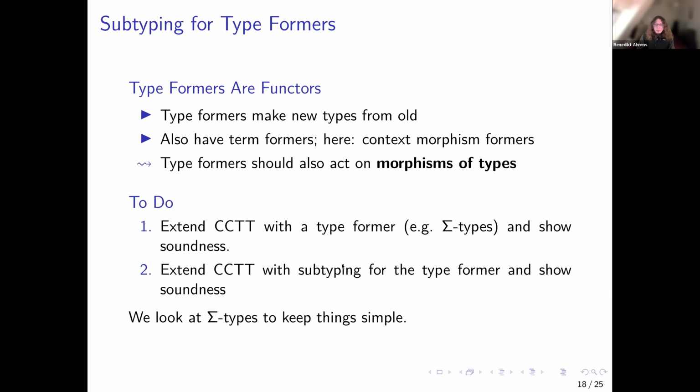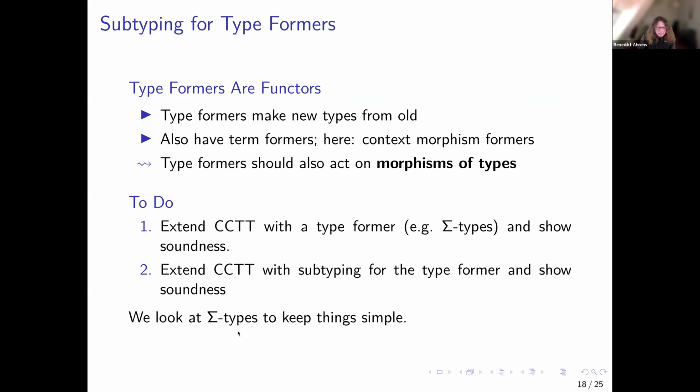And we want to do this in a way that is compatible with the subtyping point of view, meaning that we want a good functorial action for these typeformers on type morphisms, not just on the types themselves.